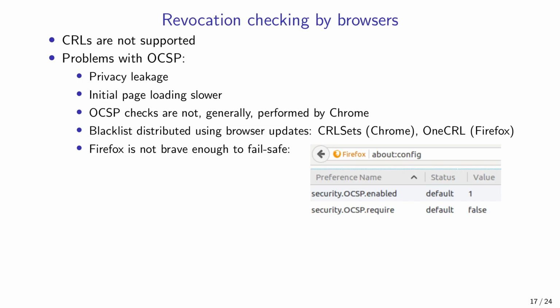What it means is that Firefox will try to contact the OCSP server, but if the OCSP server does not provide an answer in 2 seconds, it will give up and continue loading the page assuming that the certificate is valid. This means that a man-in-the-middle attacker can simply block the OCSP request made by the browser, and the browser will assume that the certificate is valid.